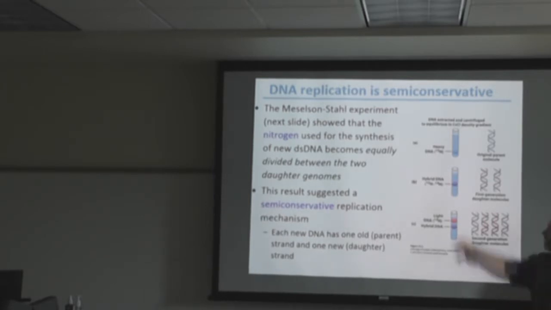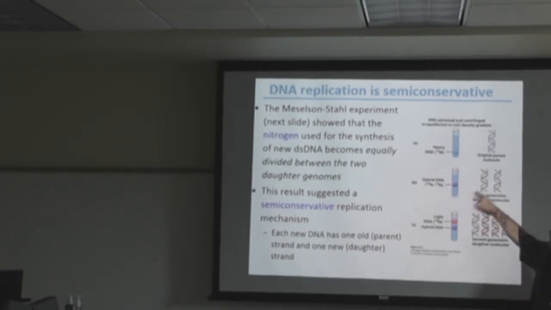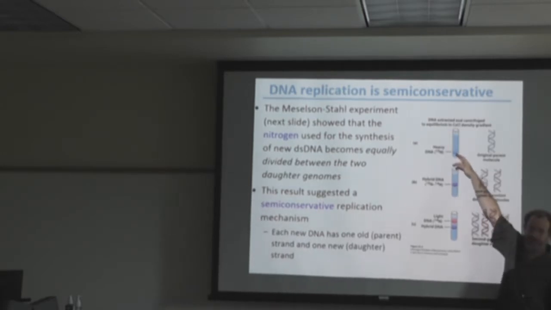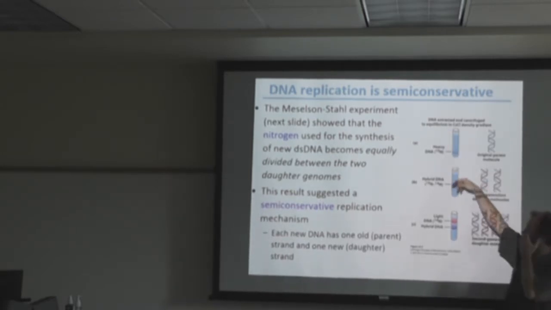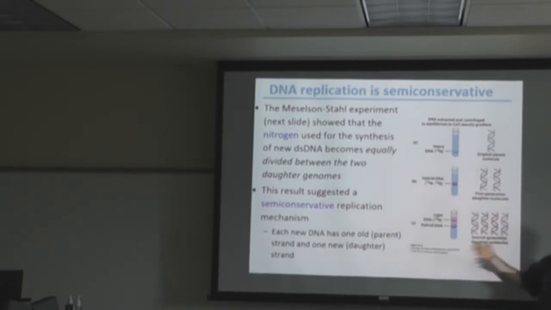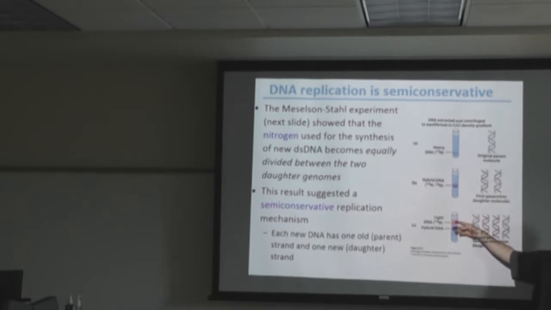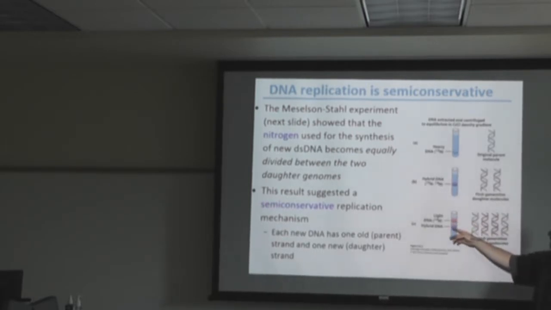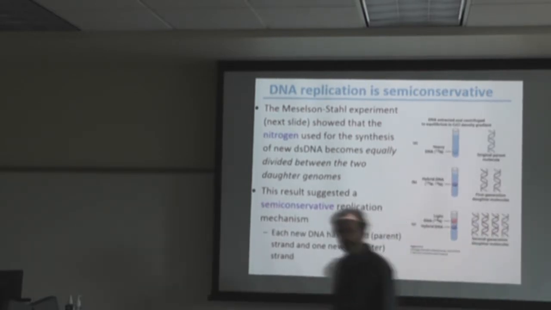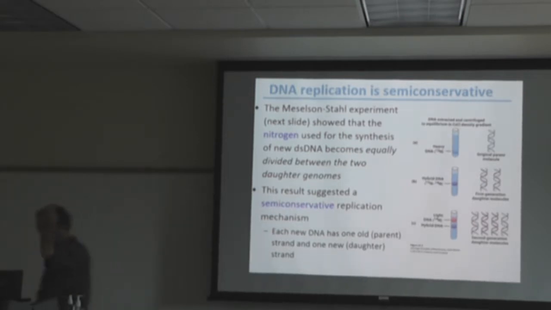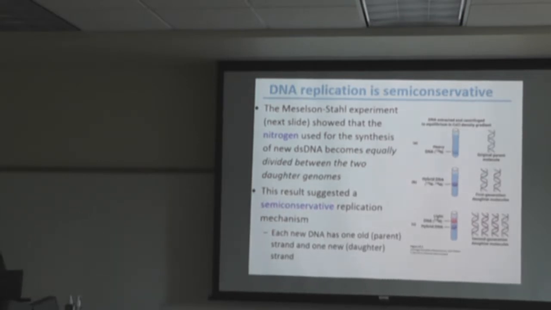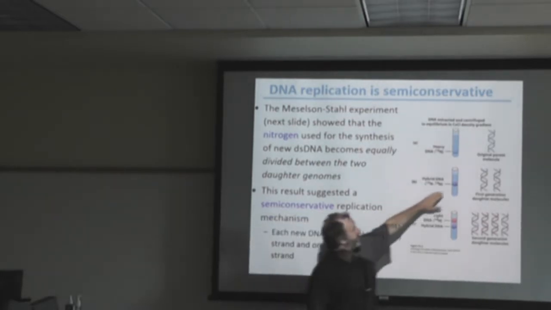After one generation, you see that the DNA is halfway between the N15-only DNA and the N14 DNA. It's a hybrid, and as you keep going, you generate more and more just N14 and keep the one hybrid set of DNA. That's how they proved it's semi-conservative.